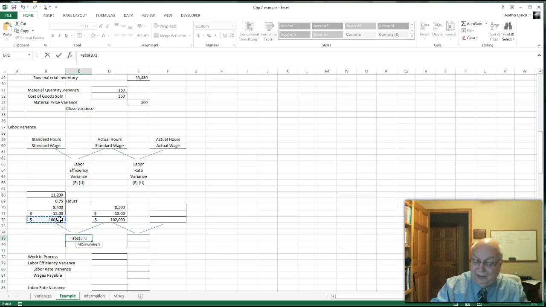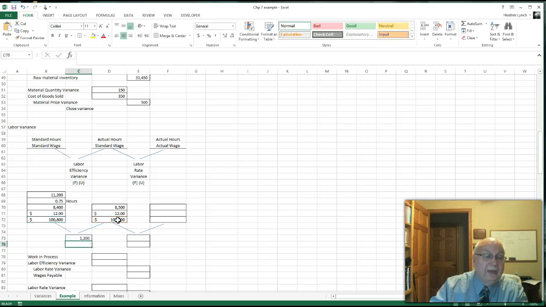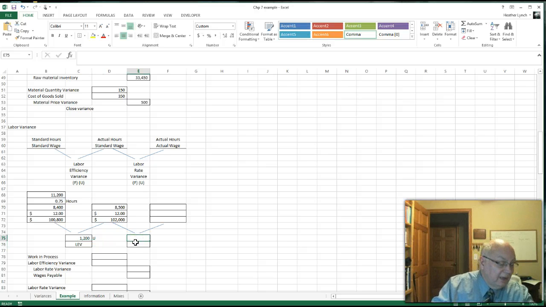Again, we take the 100,800 minus the 102,000, and we come up with $1,200, and that is unfavorable. And this is the labor efficiency variance. Okay, so we're saying it actually took us $1,200 more than what it should have taken us.